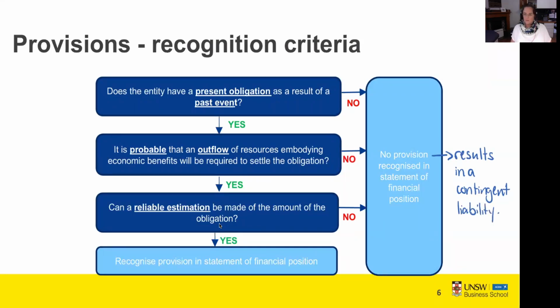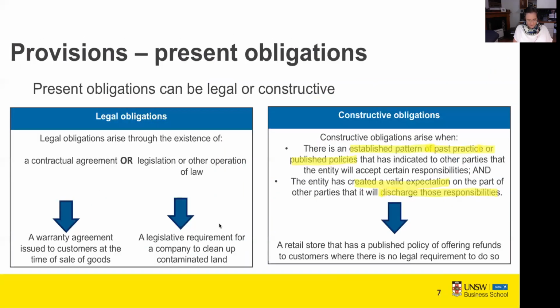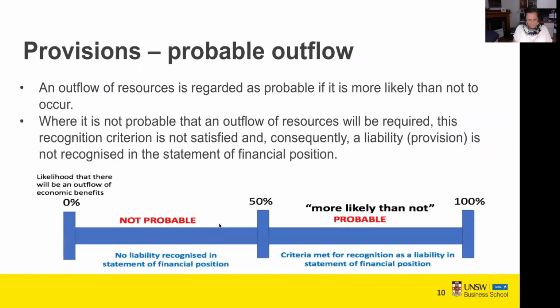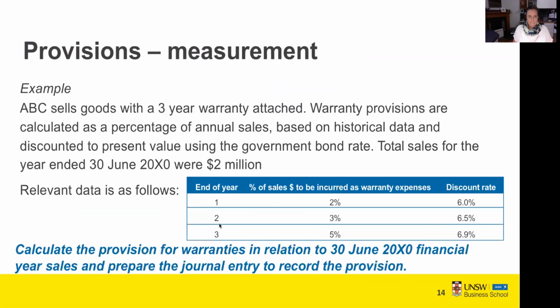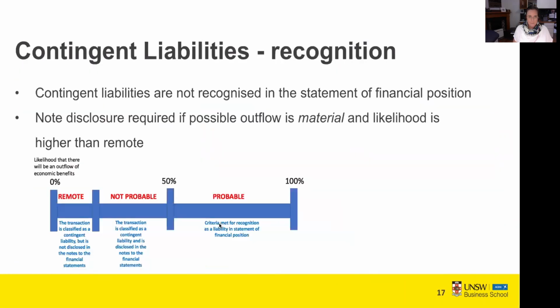So we do not have a provision in our statement of financial position if we fail any of these recognition criteria. However, we could have a contingent liability instead. So contingent liabilities are not recognized in our financial statements.